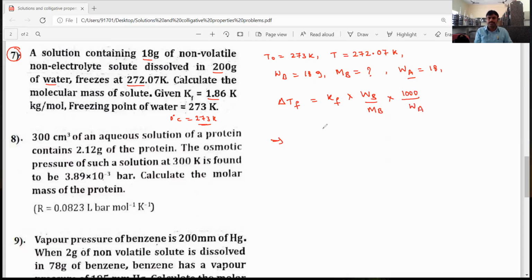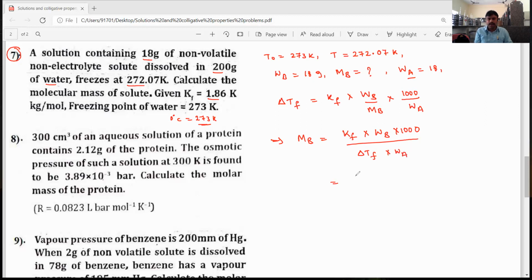From this, MB is equal to Kf into WB into 1000 divided by delta TF into WA.